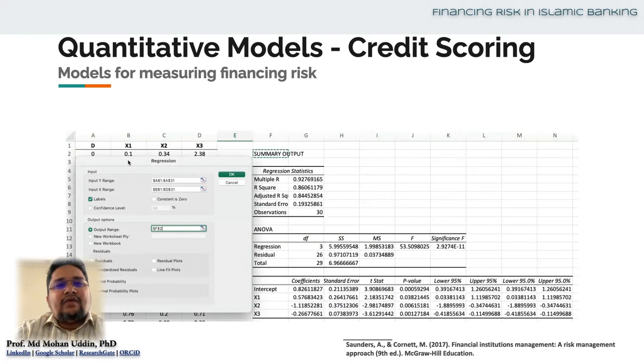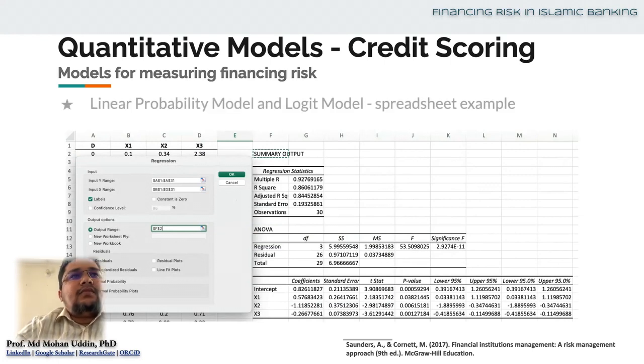That means what is the Y value, that is what we want to explain, and what are the explanatory variables. So we have to select those here, and then we have to provide the output range. That means where we want to get the output, like this one, F2. I have selected F2 here. And after that, if you click OK, you will get the whole regression table like this. Okay, I will show you practically how to do that.